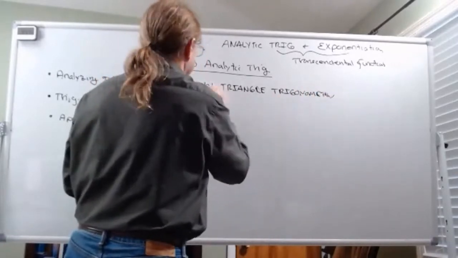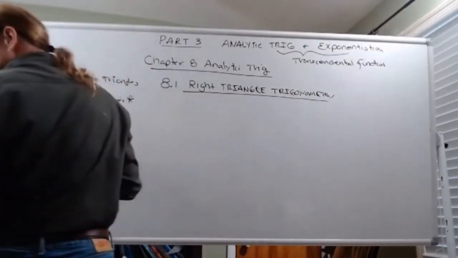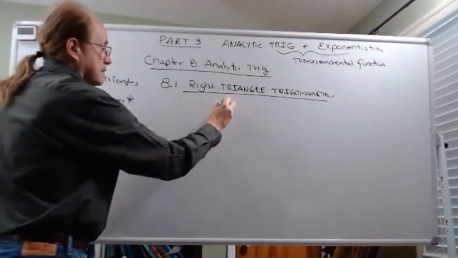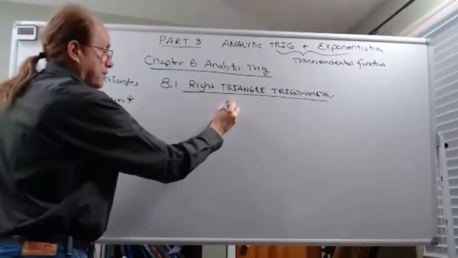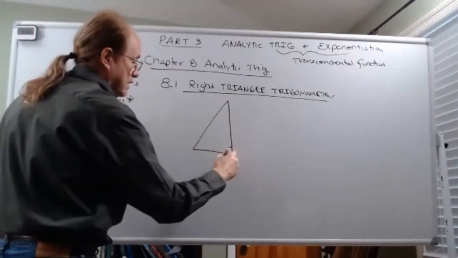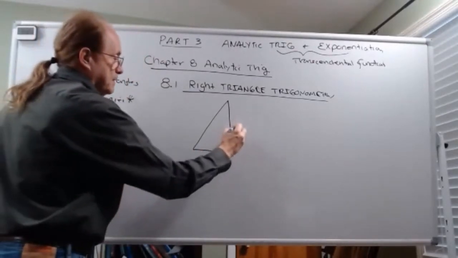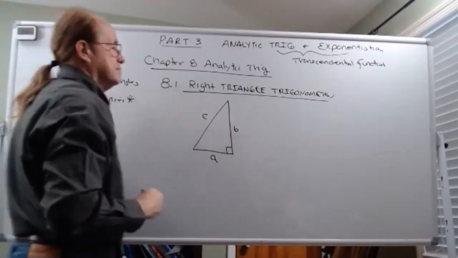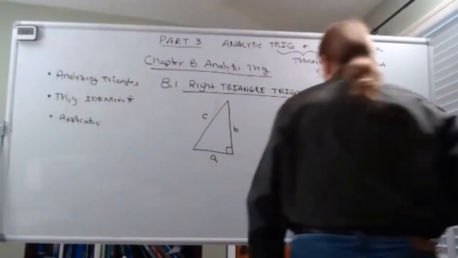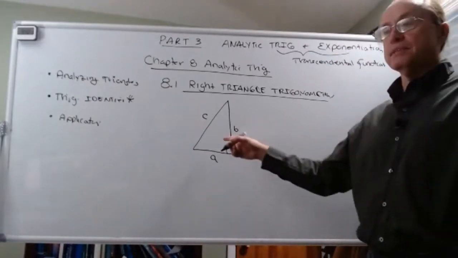Okay, so what do we have here? Well, we have a right triangle, I'll write it like this, with the right angle over here. And these are sides A, B, and C. But one fact that we know about right triangles, which will come in handy, is the Pythagorean identity.